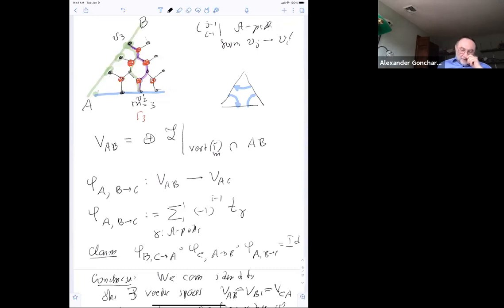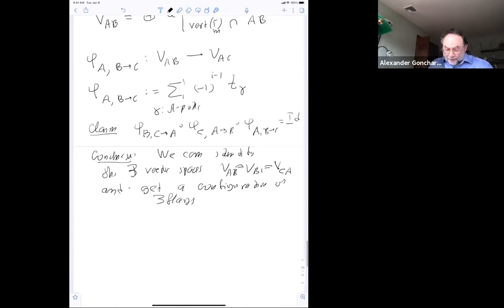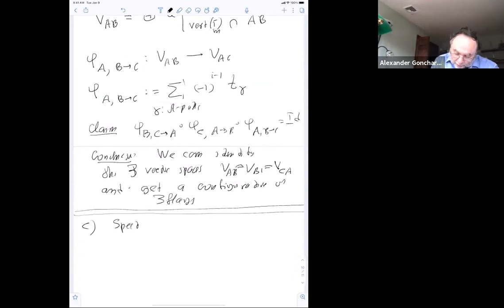Okay. So if there are no questions, let me proceed actually to the general situation. It turns out that this description does much more than it looks like. So I want to go to the next topic, which can be called spectral description of non-commutative character varieties.